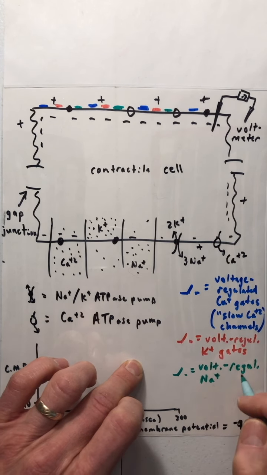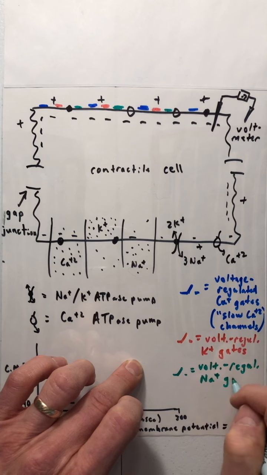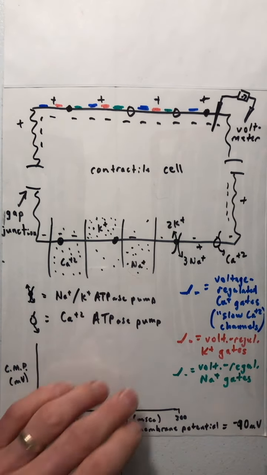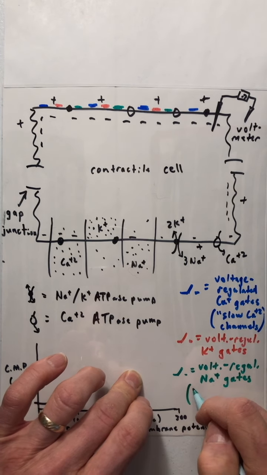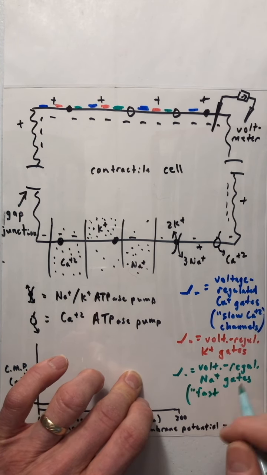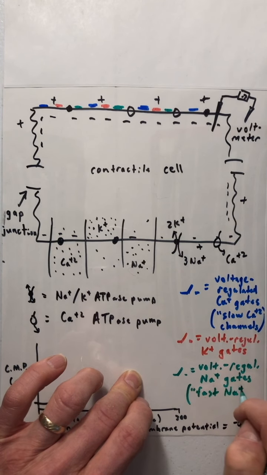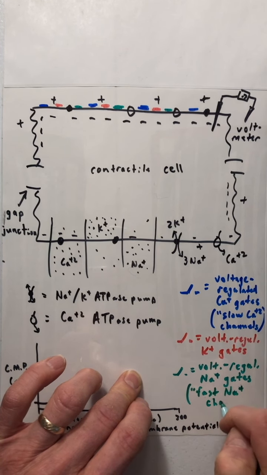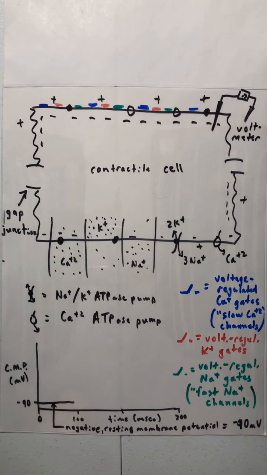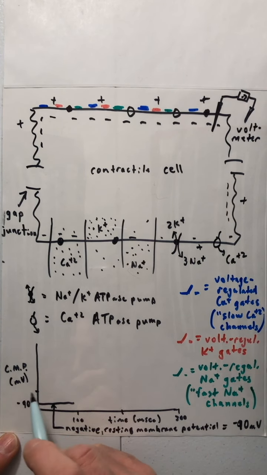And because they open fairly explosively and quickly, they're sometimes called the fast sodium channels. So you'll see that phrase, fast sodium channels. And those open pretty quickly when a certain threshold potential is reached. And in these cells, the threshold potential is about minus 70 millivolts.